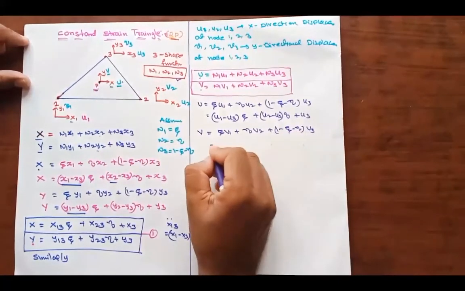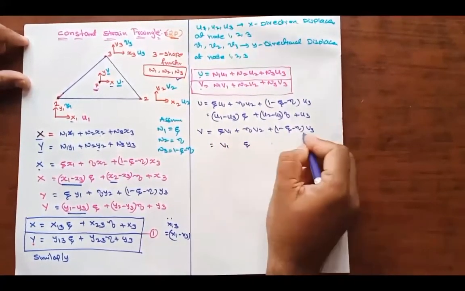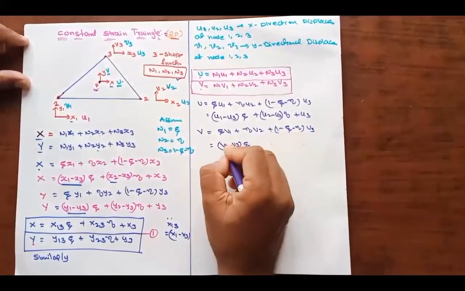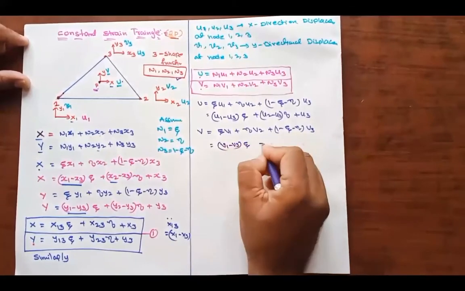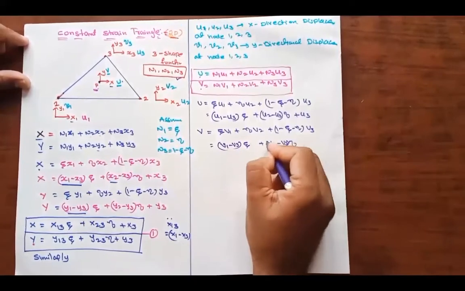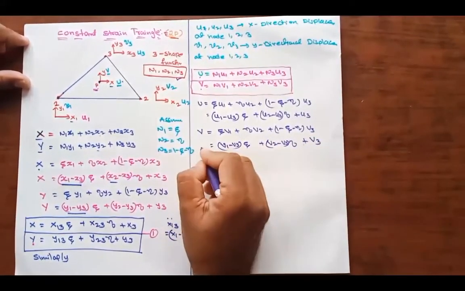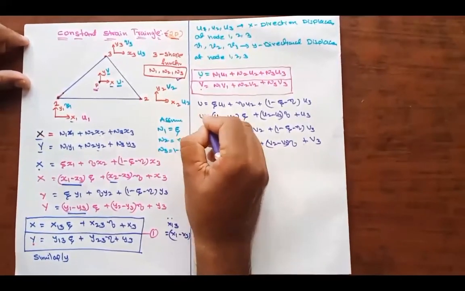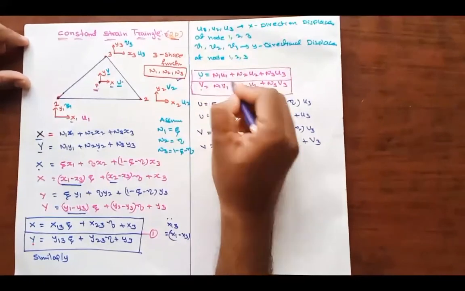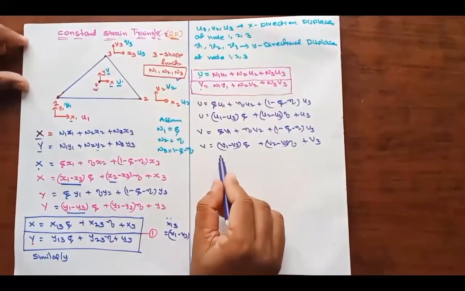If you simplify this equation, the zeta terms can be separated as (v1 minus v3), plus the eta terms (v2 minus v3), and the last term is plus v3. So these are the two very important equations that it is possible to define. Okay, this will be small v.